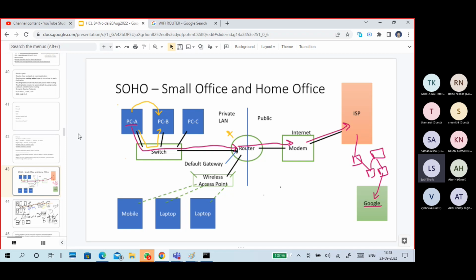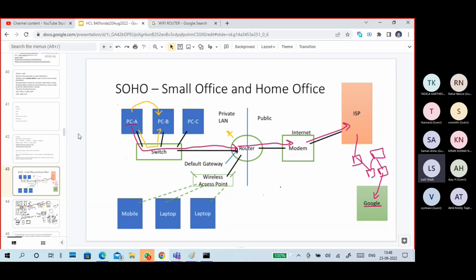So the router has two parts: one side is our LAN side, another side is the public side. And where is the default gateway? Towards our LAN interface. That router interface is our default gateway.